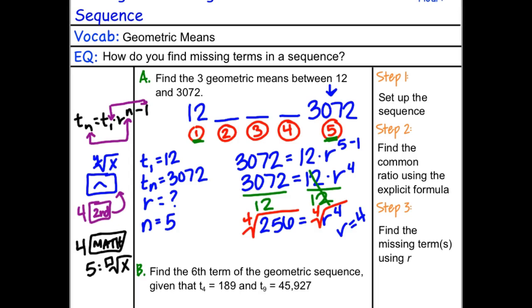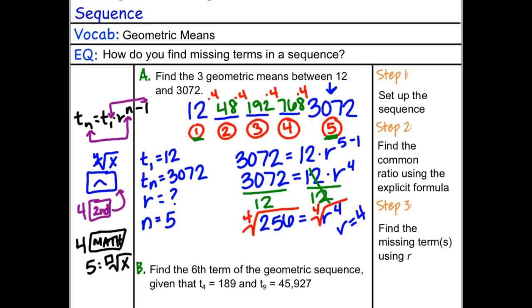From there, I take each of my numbers and multiply by 4. 12 times 4 is 48. 48 times 4 is 192. 192 times 4 is 768. And then just to check to make sure I did it right, I took 768 times 4 and got 3072.